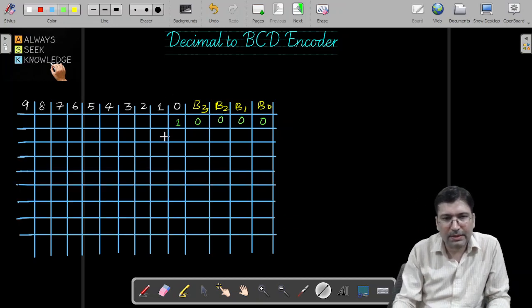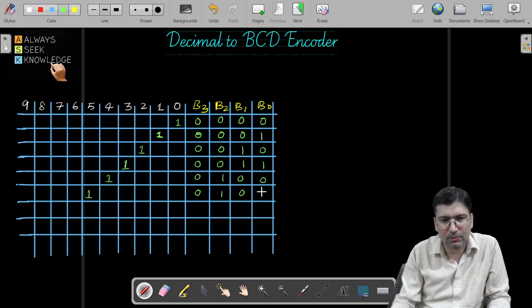Next, if 1 is high, in 4 bits 1 will be represented as 0 0 0 1. If 2 is high, 0 0 1 0. If 3 is high, 0 0 1 1. If 4 is high, 0 1 0 0. If 5 is high, 0 1 0 1.